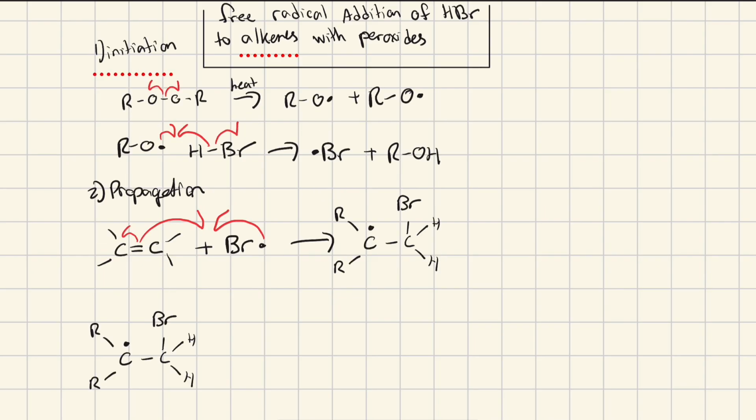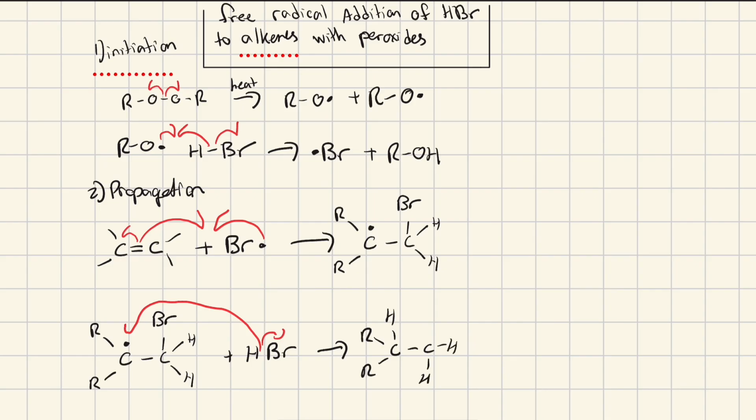Now our next propagation step is going to include this radical that we just formed. This radical is going to come into contact with a molecule of HBr. And what's going to happen here is we get another homolytic cleavage. This hydrogen attaches to the free radical, whereas the bromine becomes another free radical to continue this propagation, meaning that our products here will be the exact same thing, except instead of a free radical, we're going to attach the hydrogen to it.